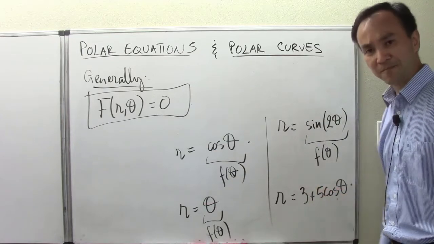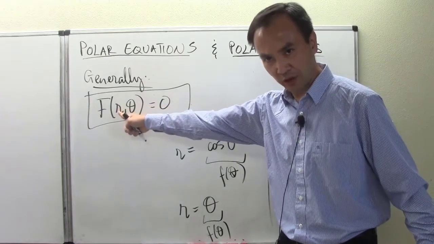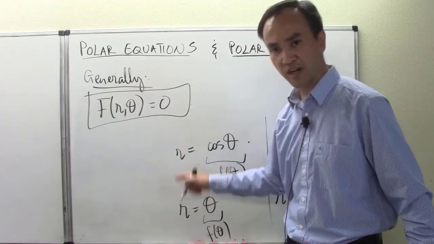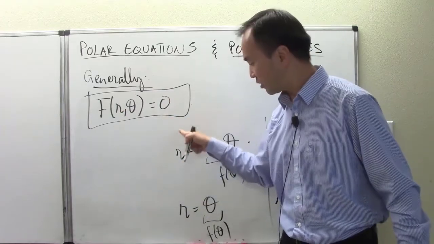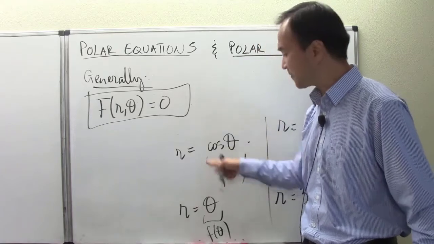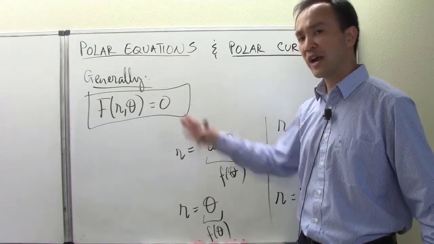But that general equation will have a graph, and any of these polar equations where we have already expressed r as a function of the theta variable will also have a graph.